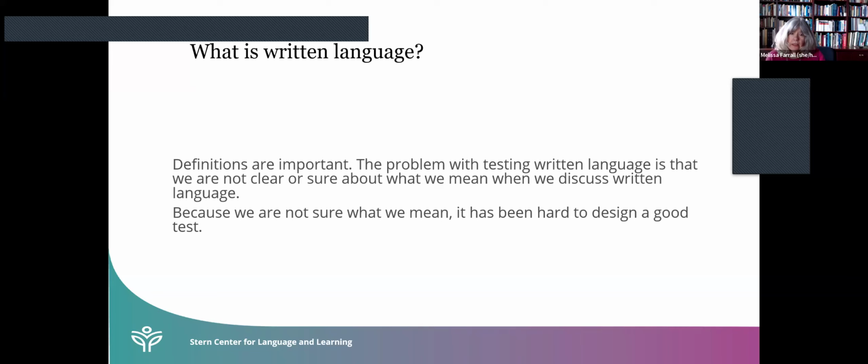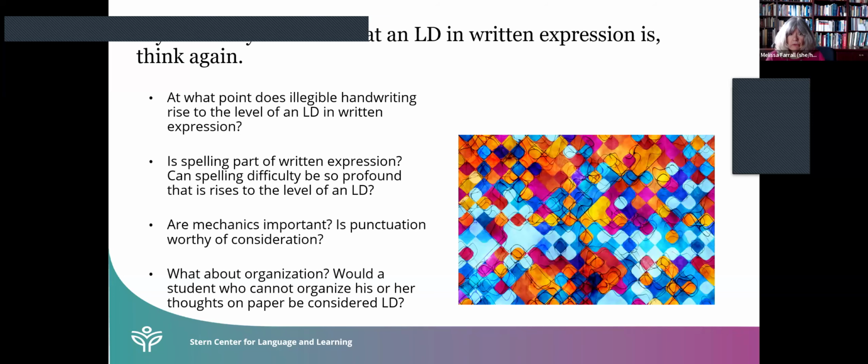And we certainly don't have good agreement about what we should be assessing when we have concerns about children's writing. If we're not even sure what written expression in and of itself should incorporate, what skills it should require for any given age level, we are even less sure about what constitutes a learning disability in written expression.